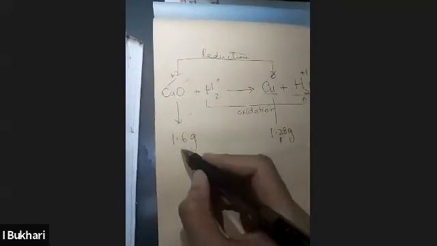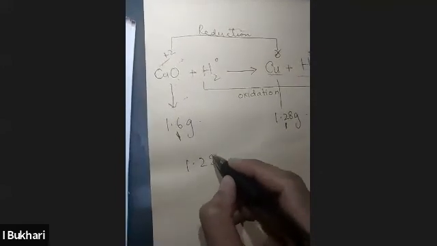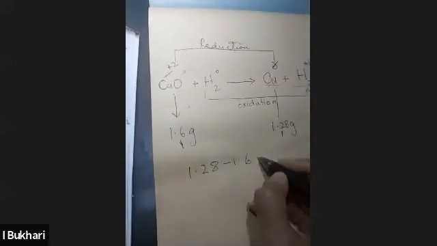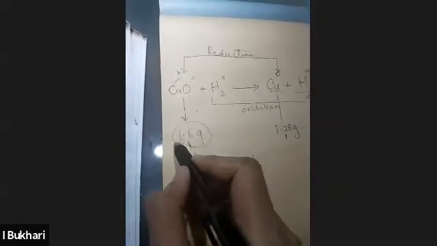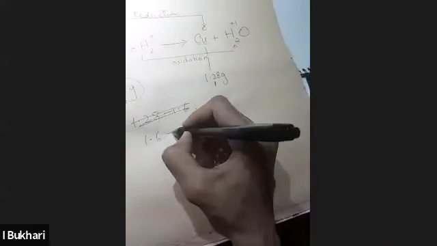Okay, yeah. You can subtract 1.28 from 1.6. 1.6 minus 1.28 will give you, can anybody subtract this? 10 minus 8 is 2, 5 minus 2 is 3, and 0.32.